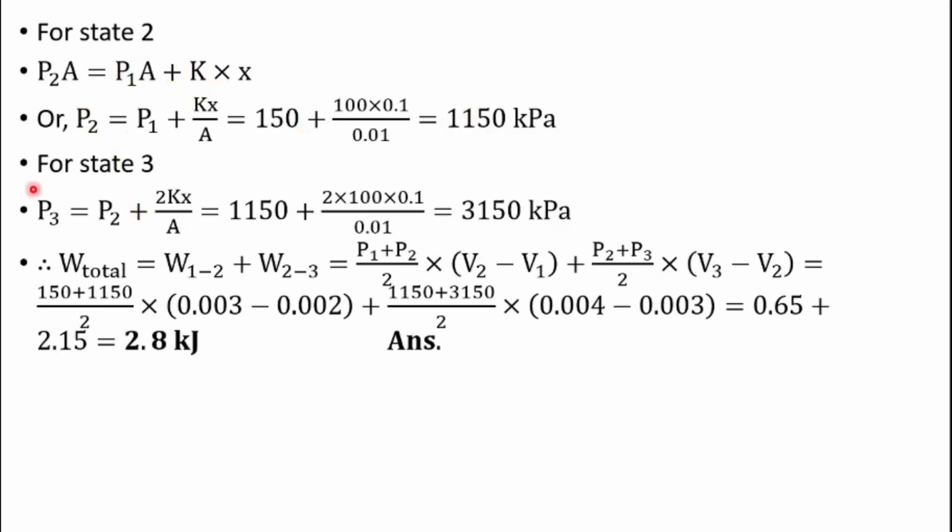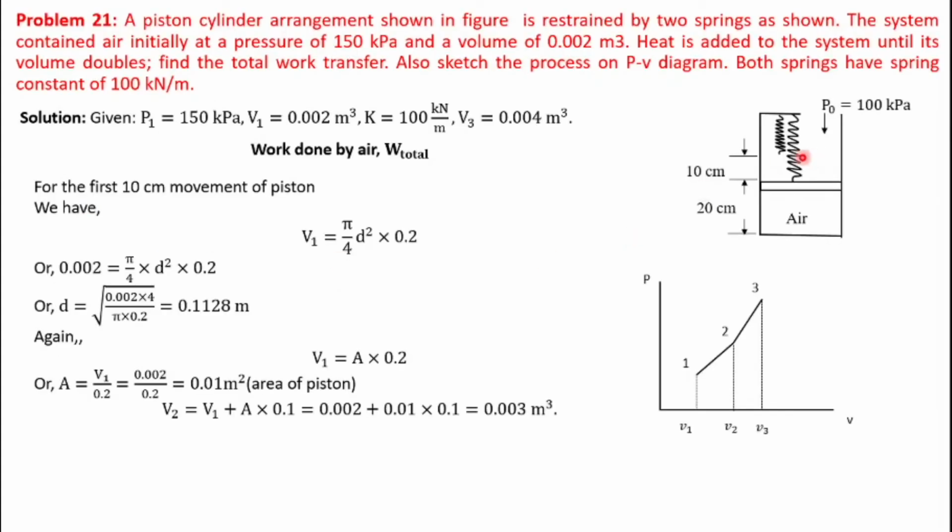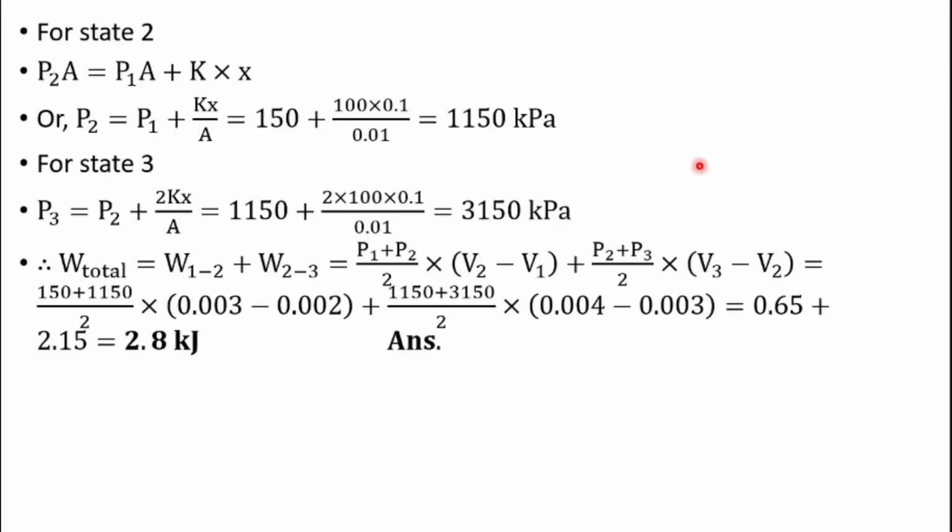For P3, we find pressure P2, the pressure of air at state 2, plus the pressure due to both springs during the next 10 centimeter movement. So the final pressure P3 will be P2 plus the pressure due to both springs.